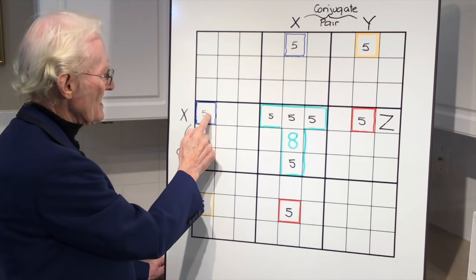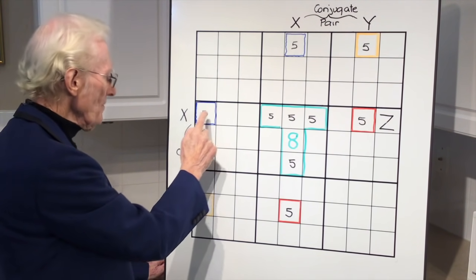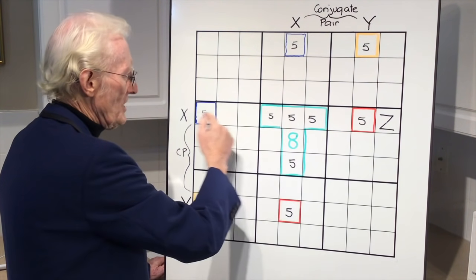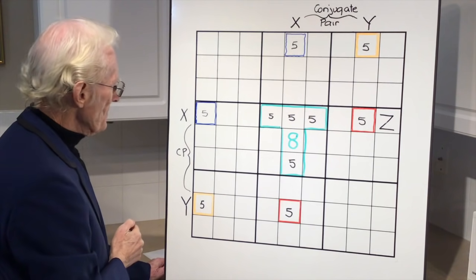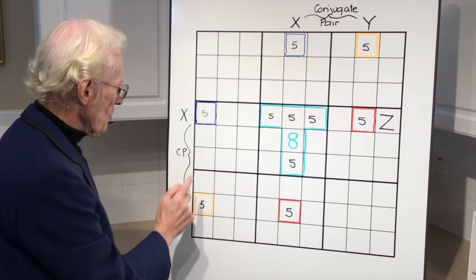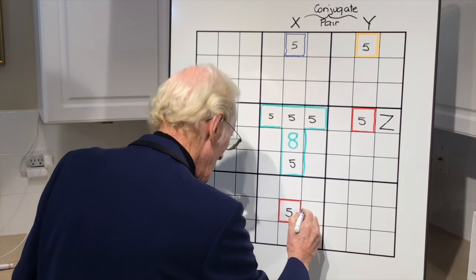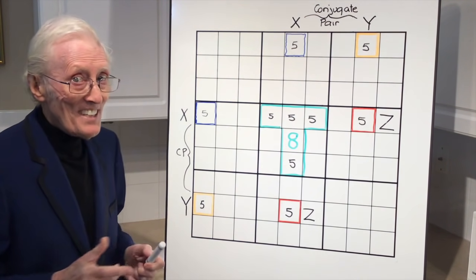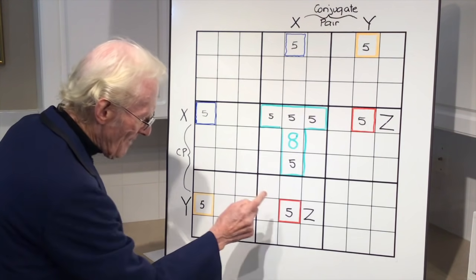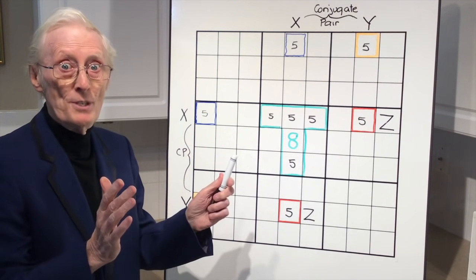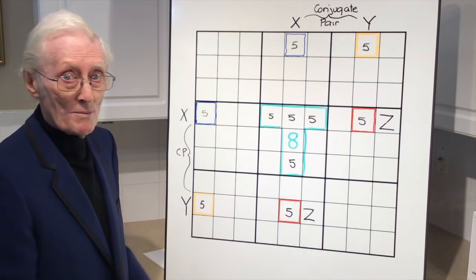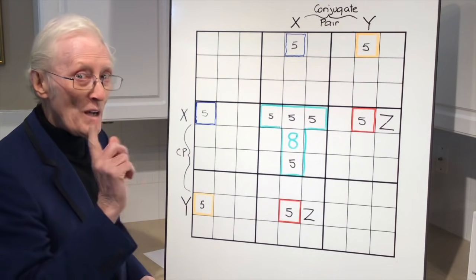So that's an X because it's the end of the conjugate pair and it lines up with the top of the T, with the same row. Now, if you have that situation, and this would be your Z this time. Now, let me tell you, the fun comes because that 5 can be removed. And sometimes if there's only 2 little numbers in there, you've got a big number. Maybe I'll do one more now.